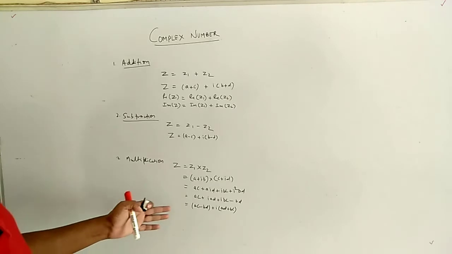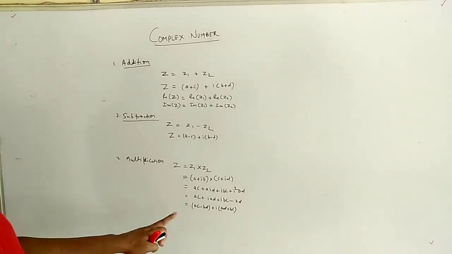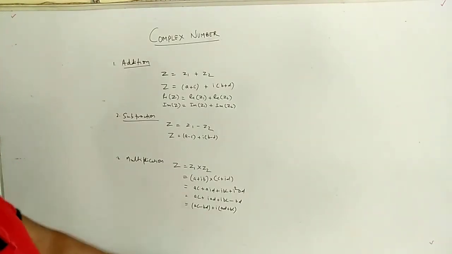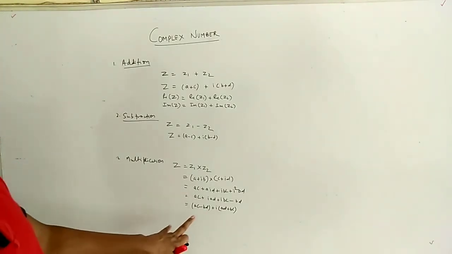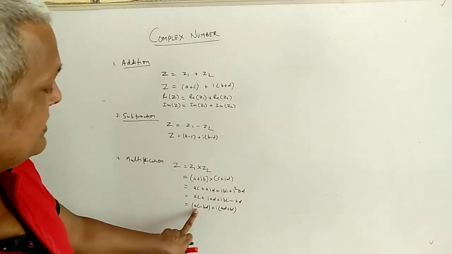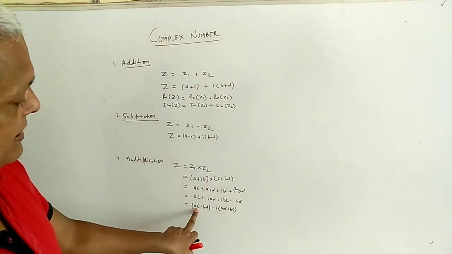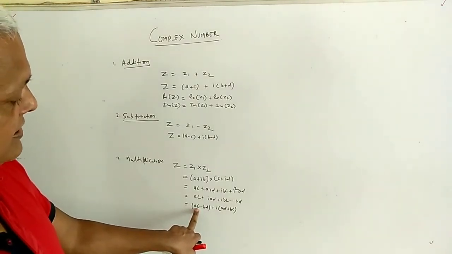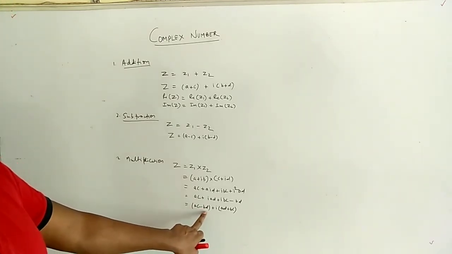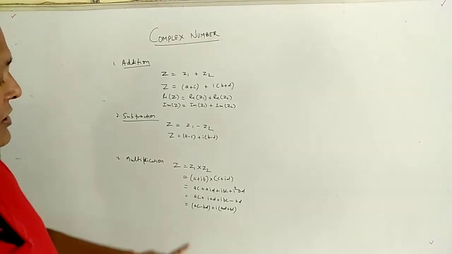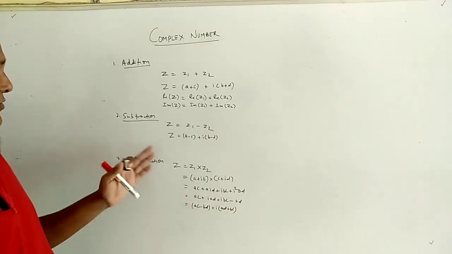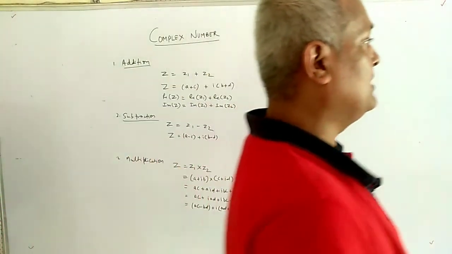At the place of A you can write Re Z1, at the place of B you can write Im Z1, at the place of C you can write Re Z2, and at the place of D you can write Im Z2. So AC means the real part of Z1 multiplied with the real part of Z2, minus the imaginary part of Z1 multiplied with the imaginary part of Z2. So real times real minus imaginary times imaginary, plus imaginary times real plus real times imaginary. This kind of number you get, and this is called the multiplication.